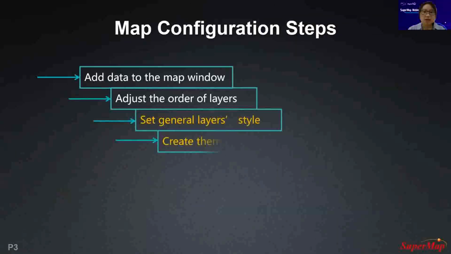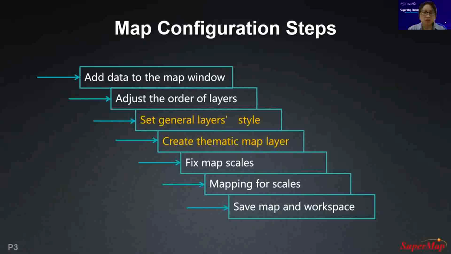And the steps to realize map making: first we need to add data to the map window, and then add the data to the layer manager, and then adjust the order of the layers. The most important one is to set the general layer style and create a thematic map layer.